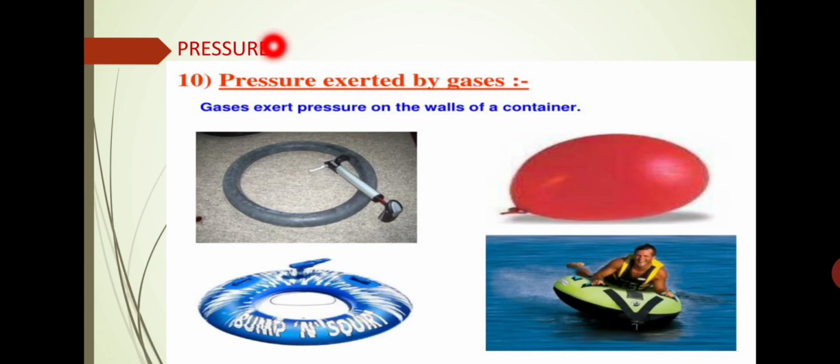So in this chapter we have already discussed most of the topics: force and pressure, and what force is. After that we discussed the effects of force, in which direction the force is adding and which force is reducing, and in the second part, types of forces: how many types of contact forces there are and how many types of non-contact forces there are.